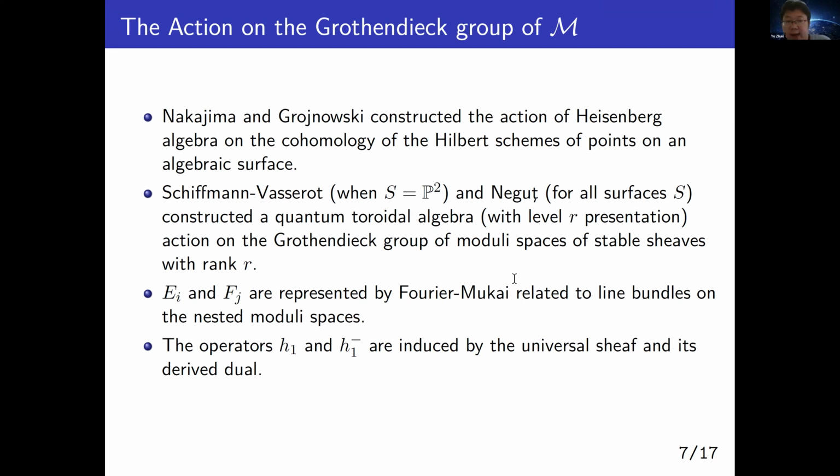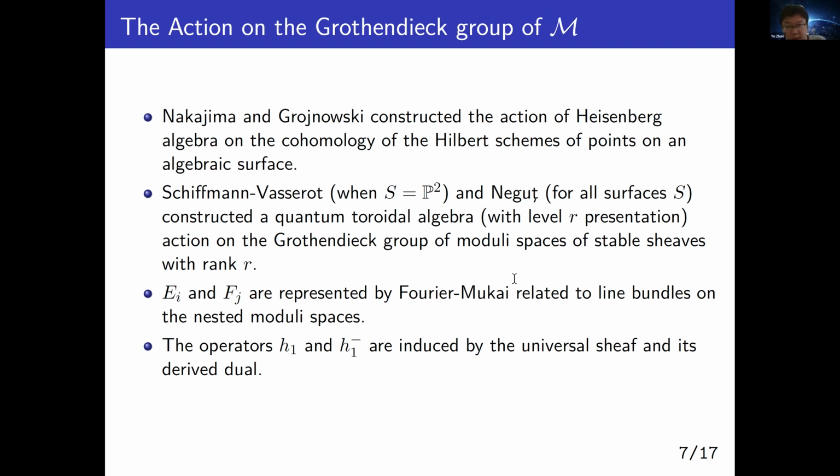further. And in this case, we already introduced the E and F part. So what's the H part? Actually, we can show that H1 and H minus 1 are just induced by the universal sheaf on the moduli space, and also is derived too.